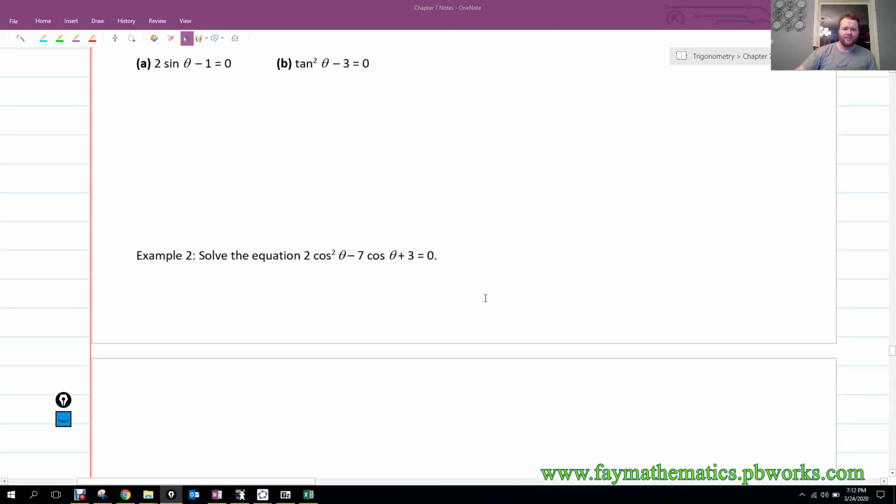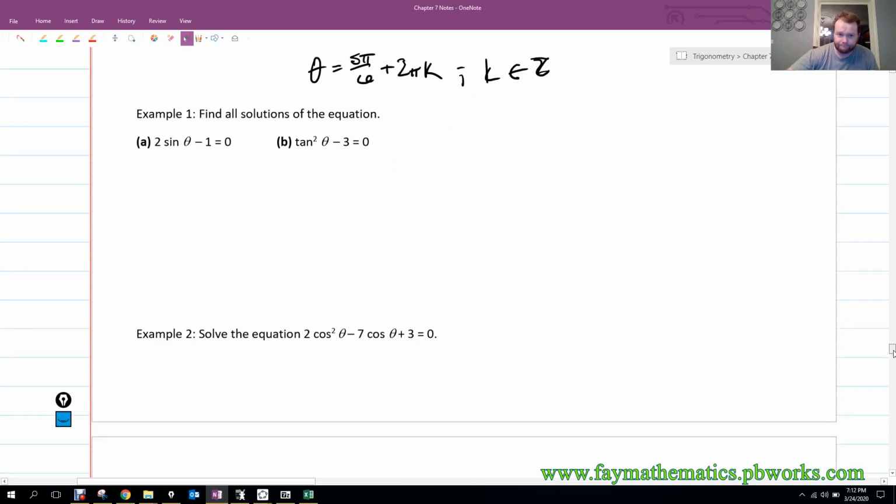Okay, so I want to do this next example here, and basically this is just working one more additional step. Previously the example was sine of theta equals 1/2. Now I'm going to eventually get to the same thing, but we see that we started here. So what I want to do is realize that we're trying to isolate our trig function.